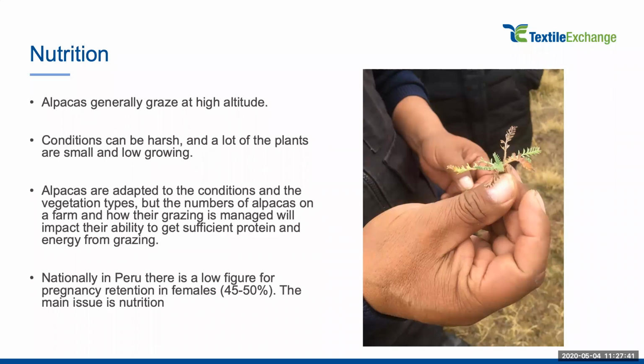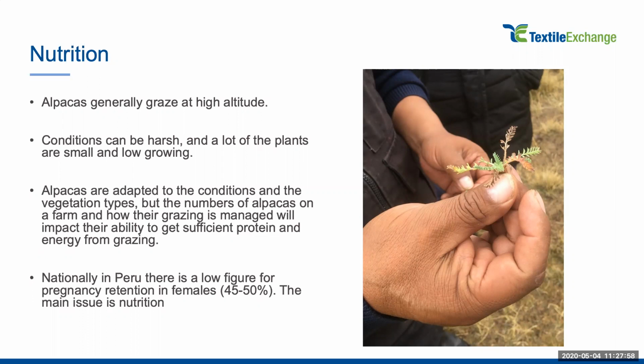And the individual needs of an alpaca in terms of protein levels and energy might be quite different from a sheep, but it's still that challenge in that environment to make sure that they are getting the right nutrition.